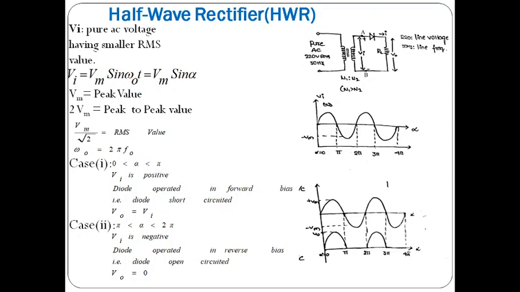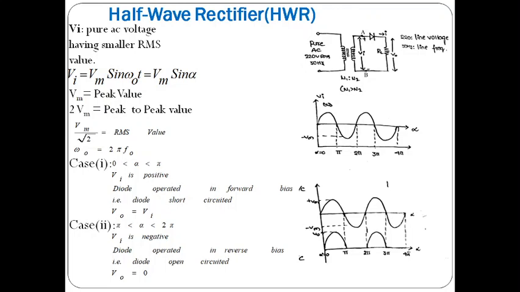We are supplying the 220 or 230 volts RMS and 50 Hz, and it is given to the primary winding of the transformer, and the secondary winding always provides the lower voltage, because the secondary winding turns are small compared to the primary winding.